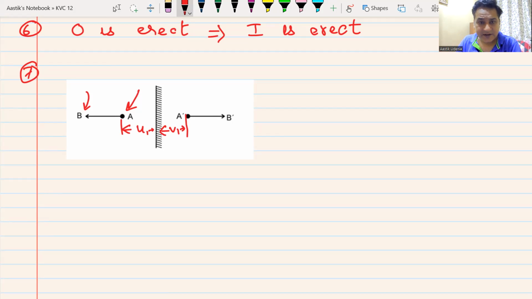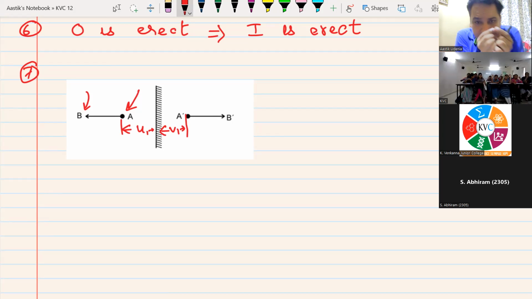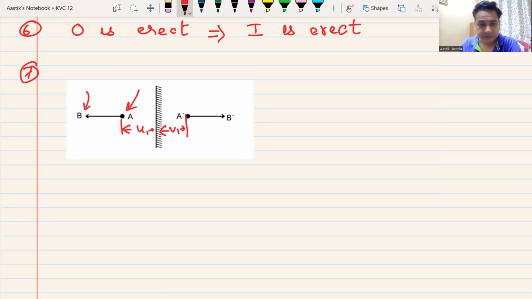Can I have some raise hand that we understand this? Object ka foot, feet is closer, therefore image ka feet will be closer. Object ka head is farther, so the image ka head would be farther. It is quite simple if you have understood this. Yes or no?